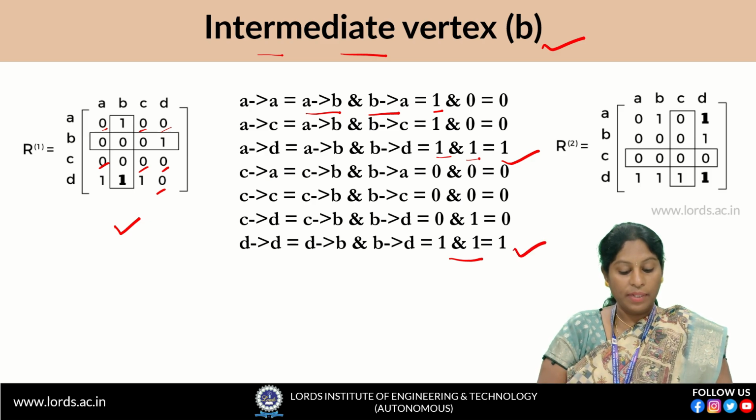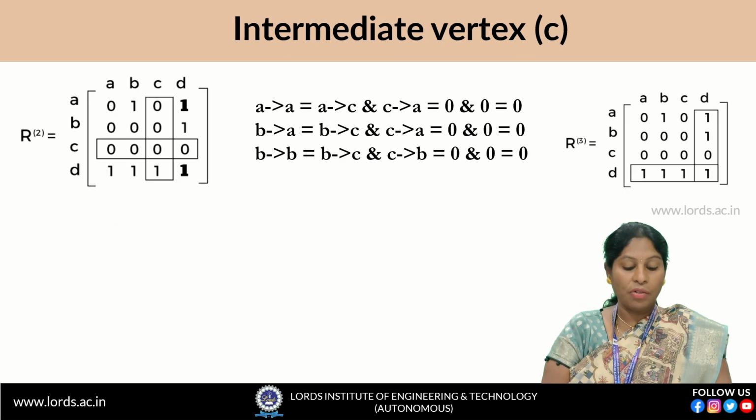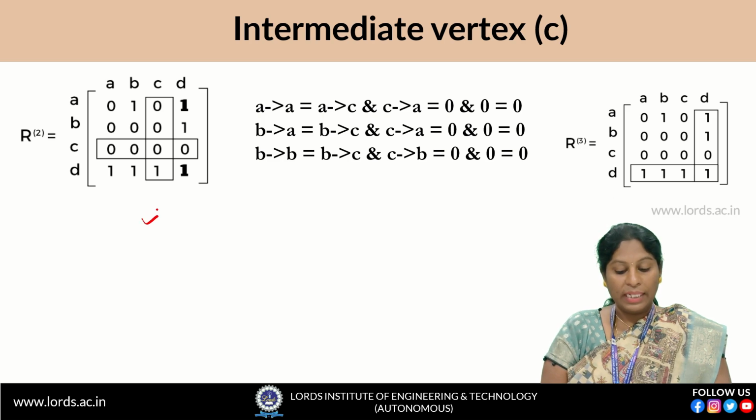From the previous slide, we have got R2. So now we need to consider this as a base for finding the intermediate vertex C. So now the Cth row and Cth column are fixed. So now wherever the zeros are there, we need to convert that into a transitive closure. So for that we have A to A is 0. So that's why we need to convert. What is the intermediate vertex?